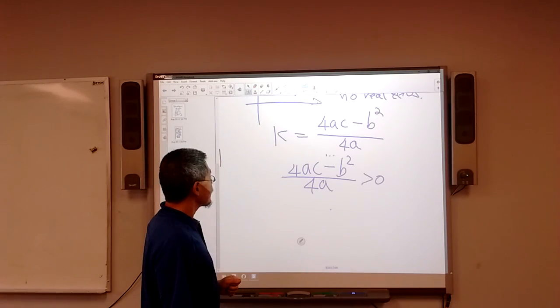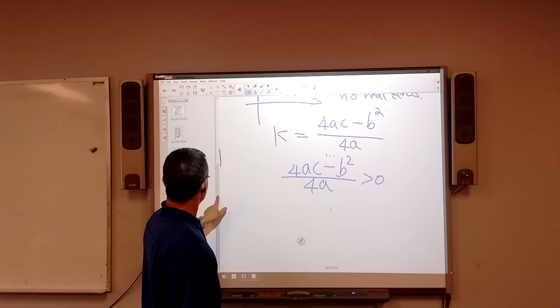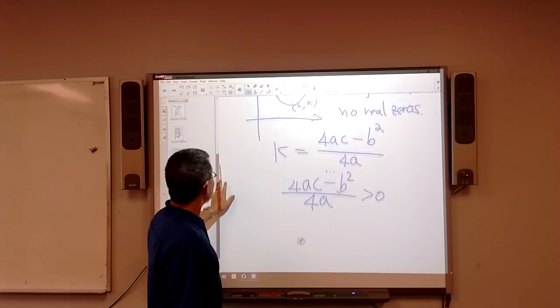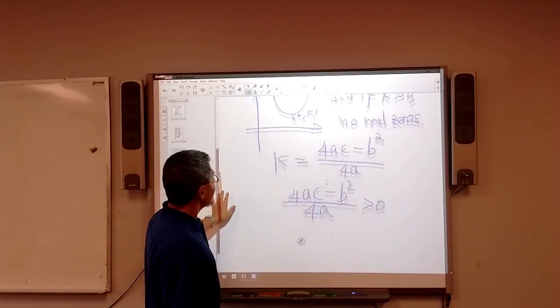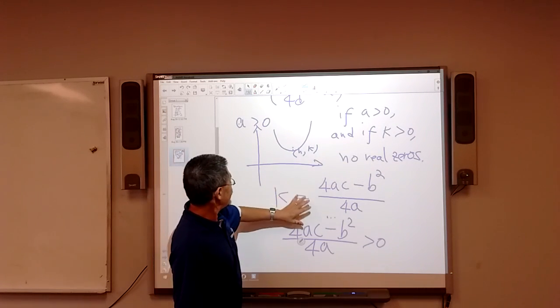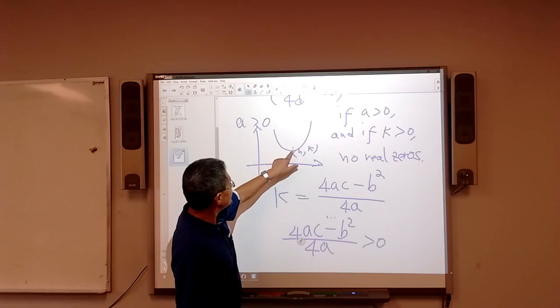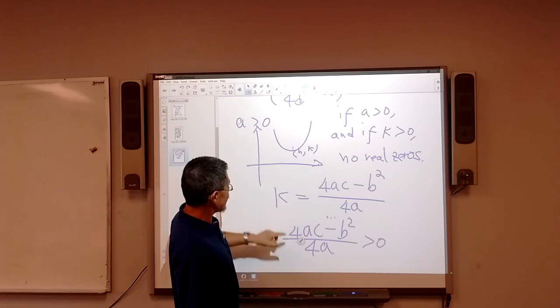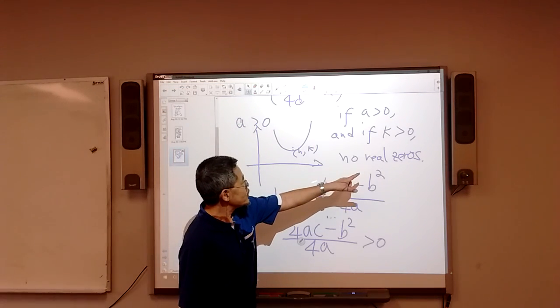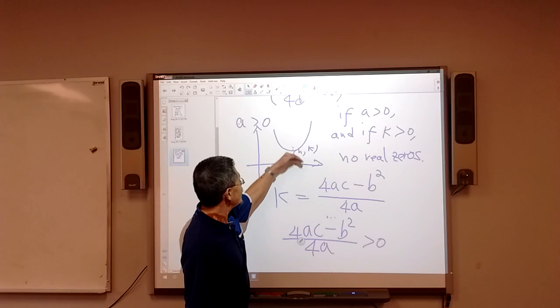What are the consequences of not being positive? That's the same thing that was in the square root, right? Yes, but now we're looking at the graph. So if k is positive and a is also positive, then we don't have real zeros, because k is above the x-axis.